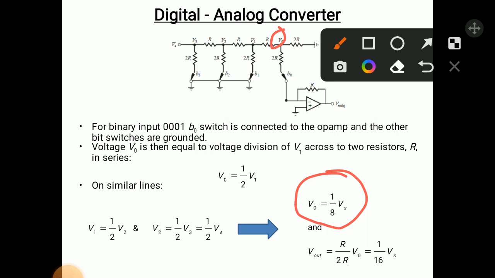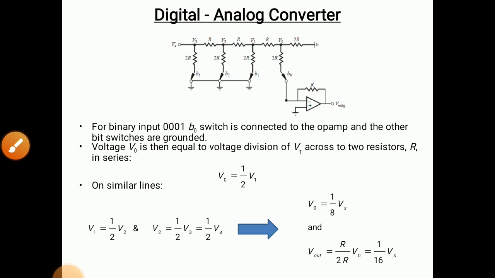And now at the output position, V output. So what is V output? V output has this formula: R upon twice R times V0. It has this resistor R and twice R. That's why V output is equal to R upon twice R times V0.